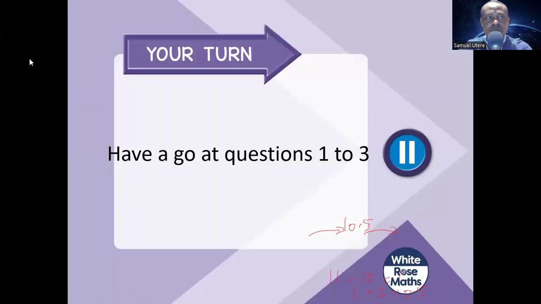Okay. What have we learned so far before you do some practice questions? We have learned what the meaning of the word median is. Median means the middle value of an ordered set of data. We have also learned that when you order the data from the lowest to the highest, which is what we focus on, you can find the middle value.